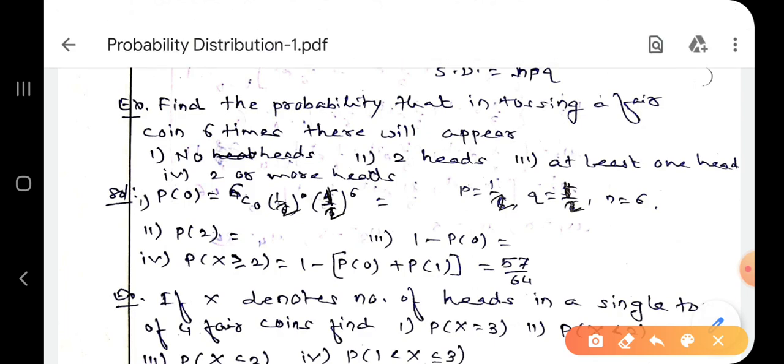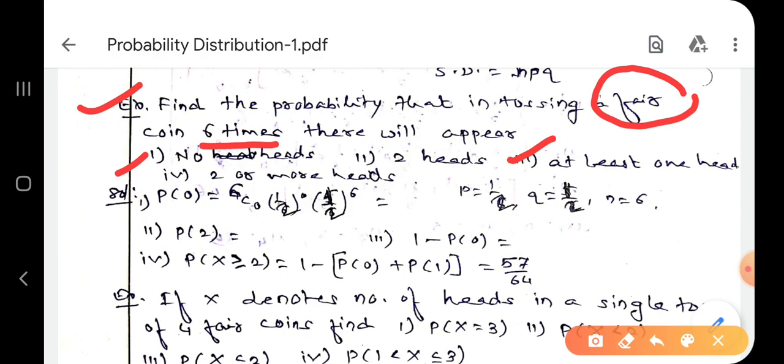Find the probability that in tossing a fair coin 6 times there will appear: first, no heads; second, 2 heads; third, at least 1 head; fourth, 2 or more heads. So these are the 4 questions and we have to solve these 4 questions.